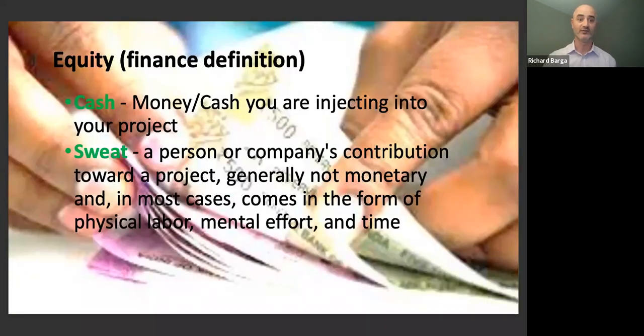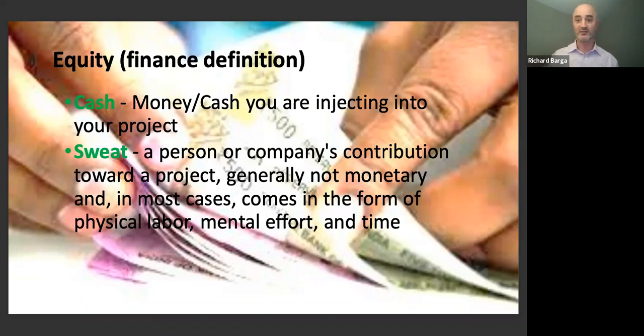This idea of cash and equity can come in two different forms. There's cash that you're injecting right from your bank account into your building. But then also there's a term called sweat equity, which means you yourself put in your time and energy, your elbow grease.